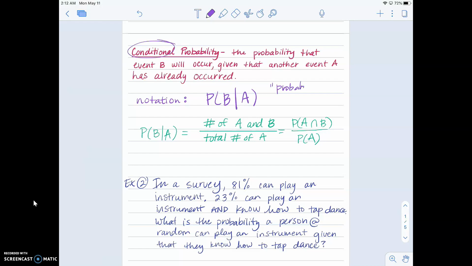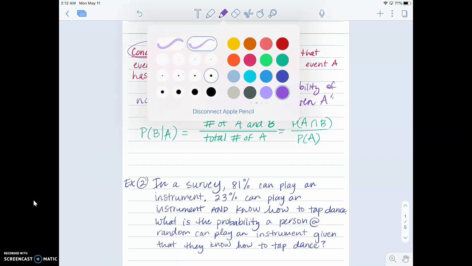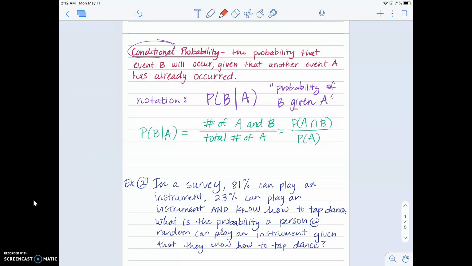So that is read as the probability of B given A. This word given is going to be a really important key. Whenever you see that, you know you're dealing with conditional probability, and the notation is this vertical bar here. So that means given. The formula that you need to know is the following.